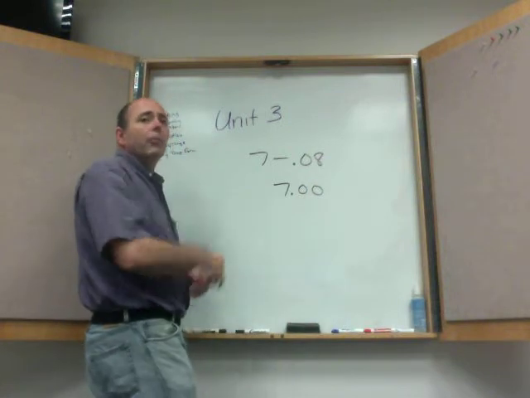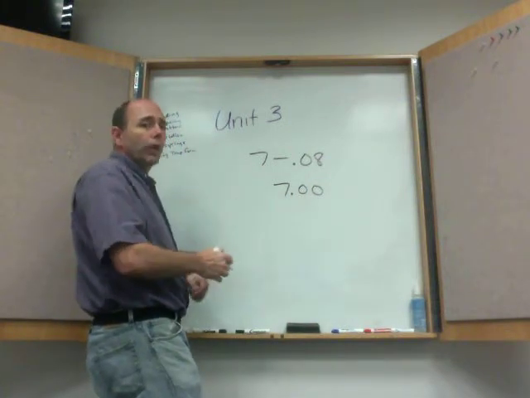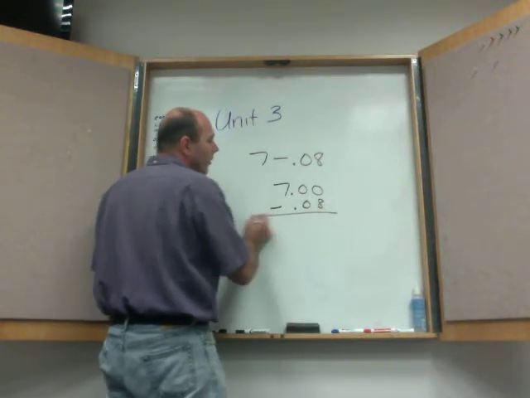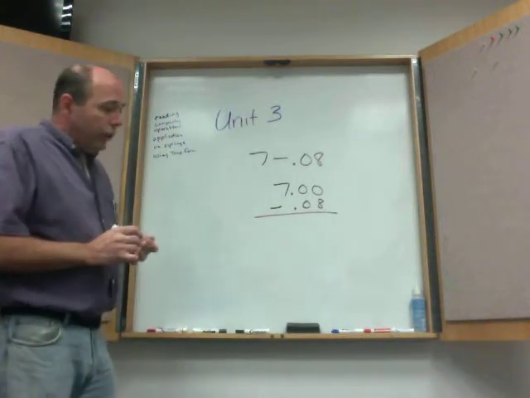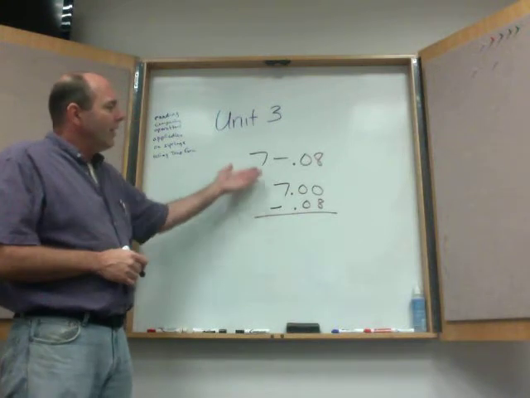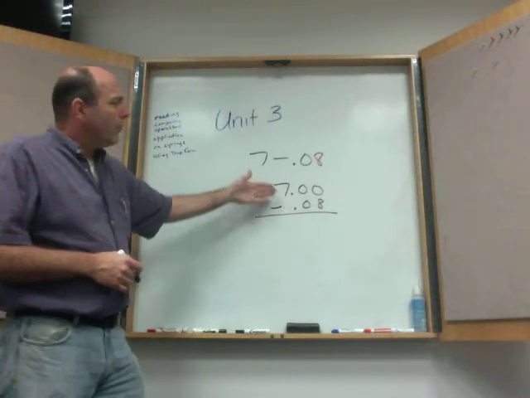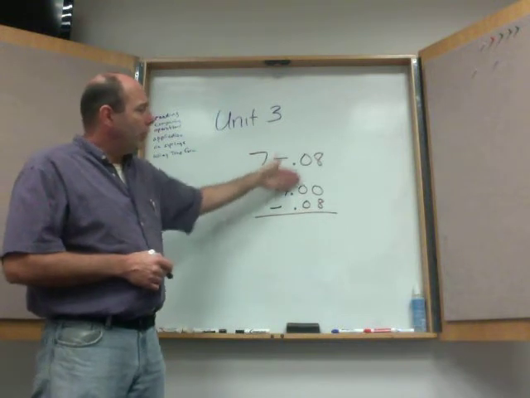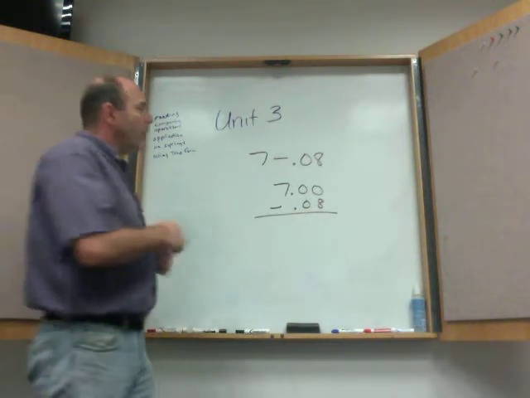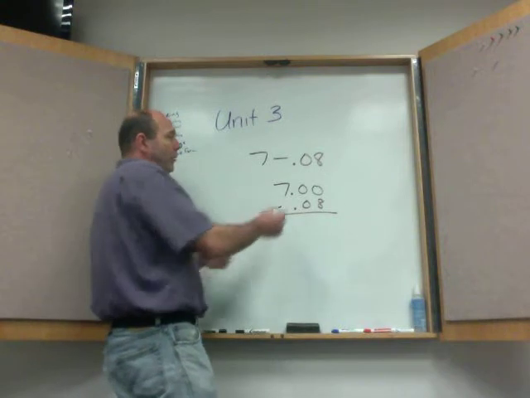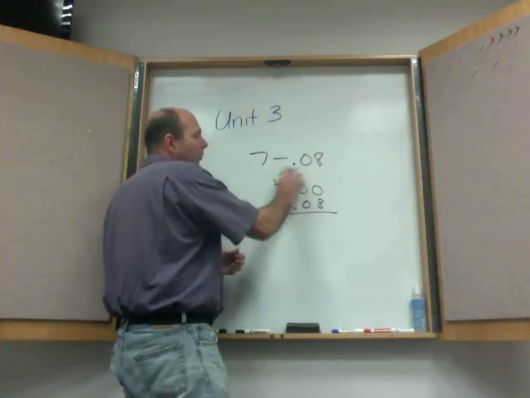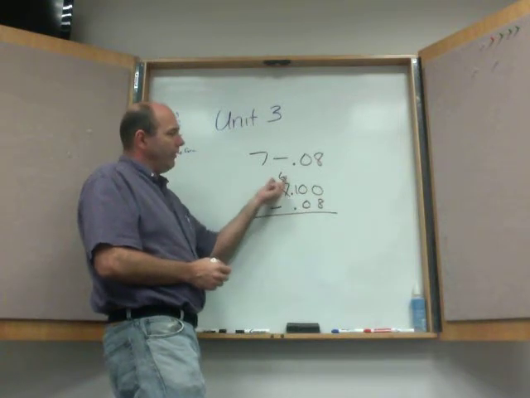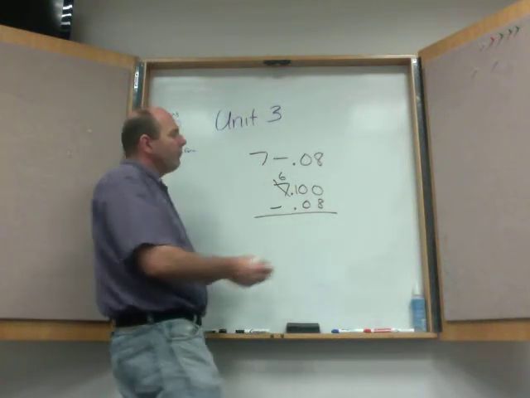Now I have the same number of decimal places as I do in what I'm subtracting. This is actually a pretty good problem because it's not that easy. Remember, I'm going to have to regroup or borrow, and I'm going to have to borrow or regroup twice. So this here's the 7, I'm going to turn that into a 6 by taking, and that makes sense, 10 dimes is the same as $1, so I still have $6 and 10 dimes, fine.